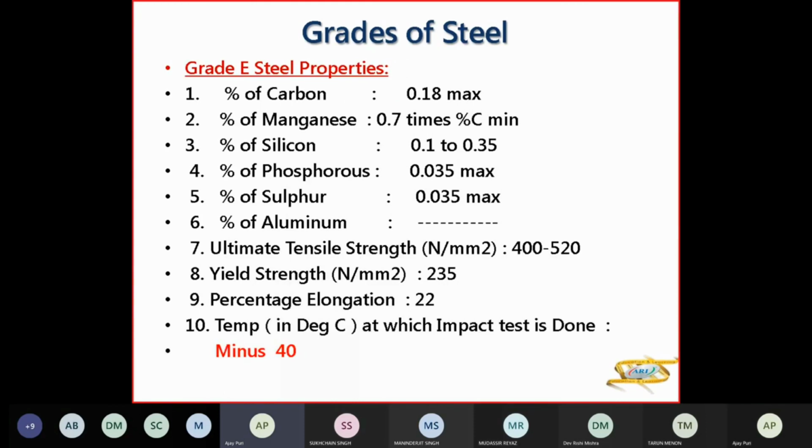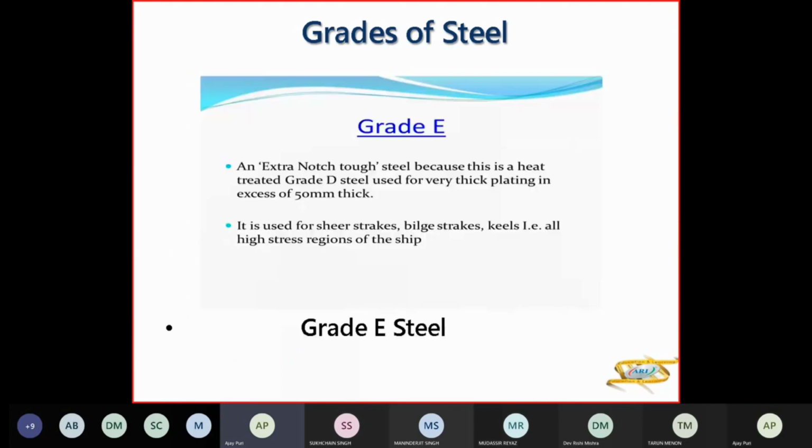Now grade E steel, impact test is done at -40 to -55, and carbon is now reduced to 0.18, manganese is 0.7. The rest, silicon, phosphorus, and sulfur, is the same, aluminum is not there, and the rest is all the same.